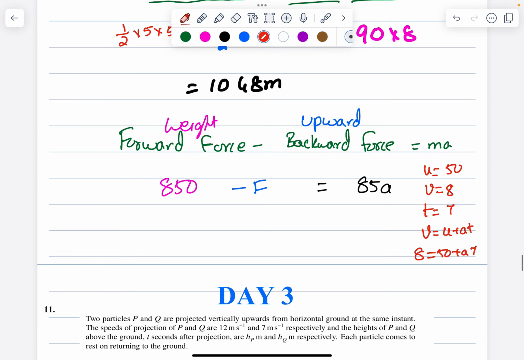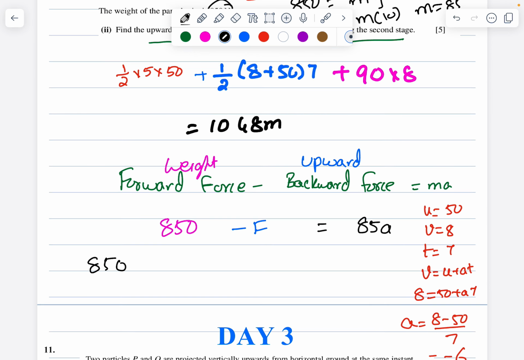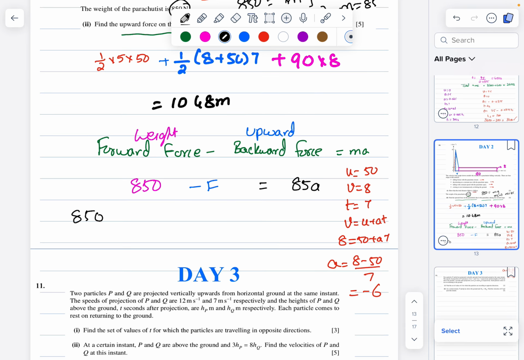So a equals 8 minus 50 divided by 7, so minus 42 divided by 7, which is negative 6.